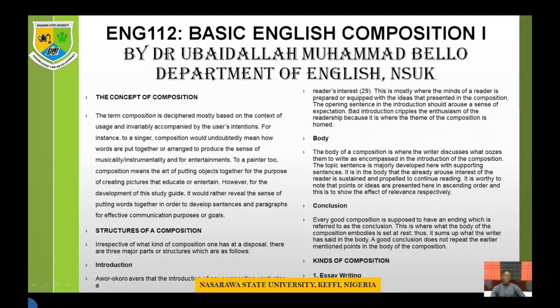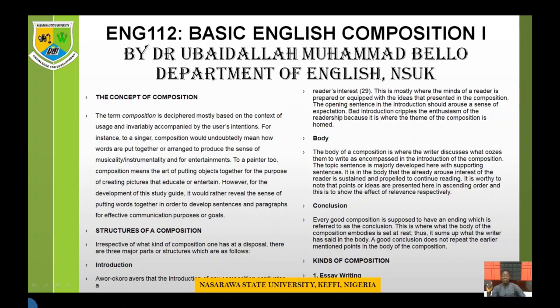The last one is conclusion. From the name conclusion, this is where the writer concludes whatever is being mentioned and the idea being propelled in the body, which is explained. In the concluding part, we see the writer generating instances of where he or she lies in terms of what idea is being conceived, prepared and even explained in the body of the composition.